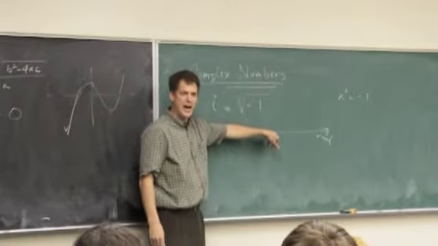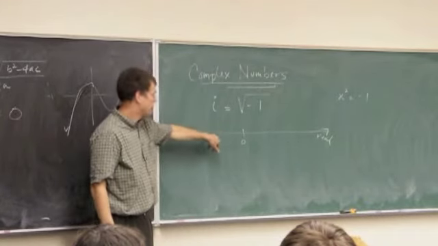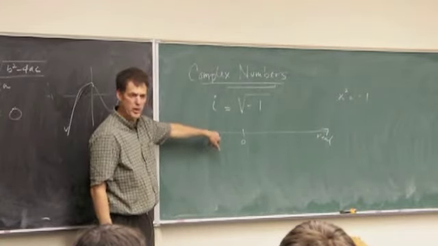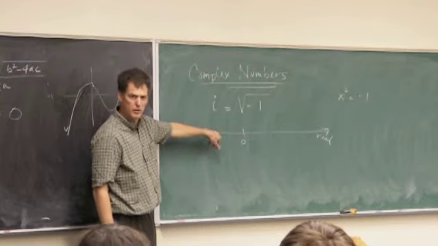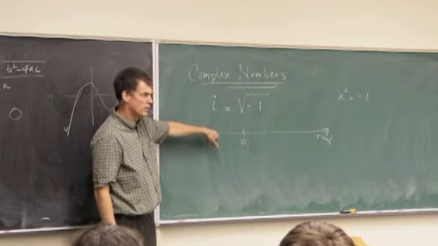If I think about the real number line, there's 0. I can't put i over here because if I squared that, it would be a positive number. I can't put i over here because if I square any of these negatives, it should be a positive number. Where do I put it? Where can I put it?